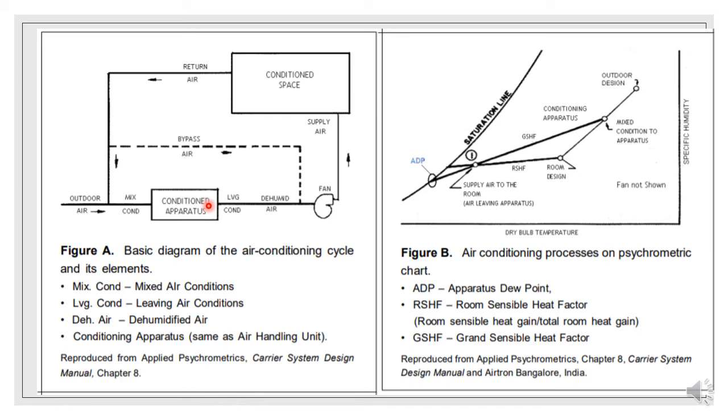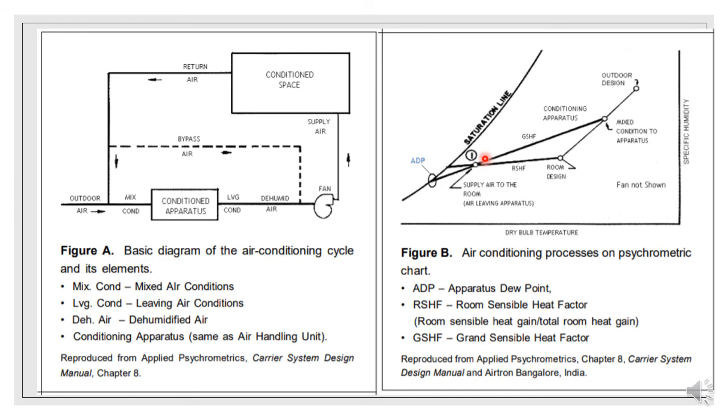And the mixture of outside air and room air is cooled and dehumidified along the GSHF line, like I said before, here in the cooling coil. So it is called here. And heat from the room, which consists of both sensible and latent heat, is picked up by air entering the room to maintain the room condition.